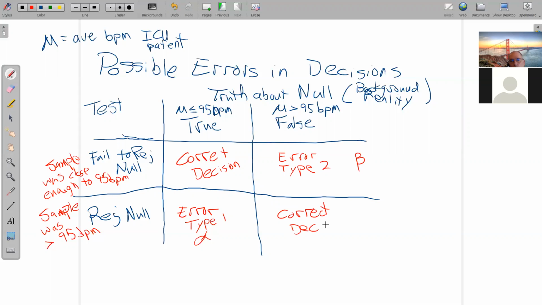And then the question is, well, what are the consequences of these errors? If I made the right decision, I made the right decision, good job. But if I made a mistake, here my sample says, nope, it's greater. So that means people that come to the ICU have a high heart rate.